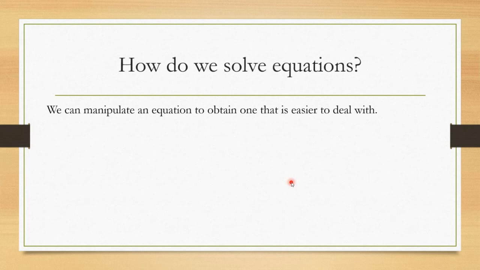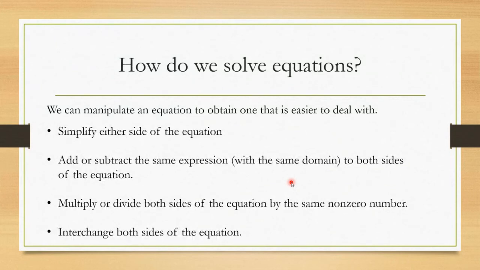So we can perform operations on an equation and get one that's easier to deal with. What operations? Well, that's what these statements are saying. You could simplify either side by just using basic arithmetic. You can add or subtract the same expression to both sides. This doesn't really come up too much in the class.